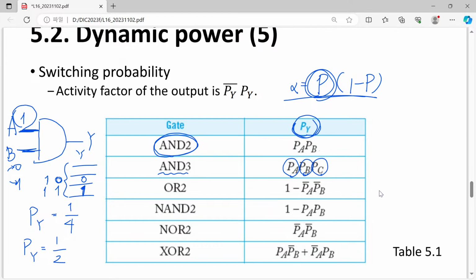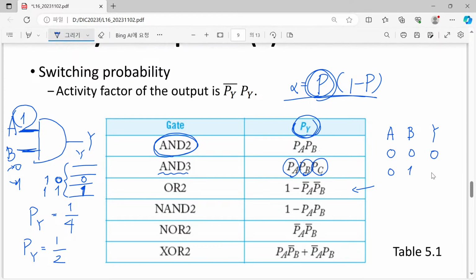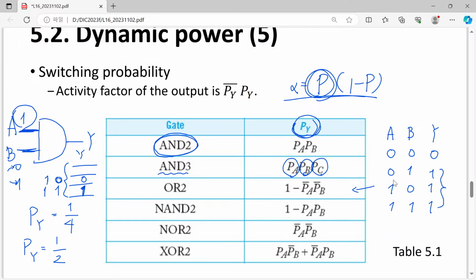And finally, let's consider the OR gate only. So the OR gate, how does it look? A, B, Y. This is 0, 0. In this case, 0. However, we have more choices: 0, 1, 1, 0, and 1, 1, all giving 1. So we have a probability to have 1.